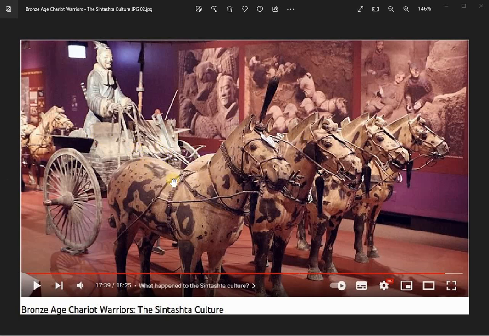You can imagine R more or less like in this picture. Bronze Age is the era of R and probably of O, and this is one example. It's Sintashta, but it's R. It's between Russia and Kazakhstan.